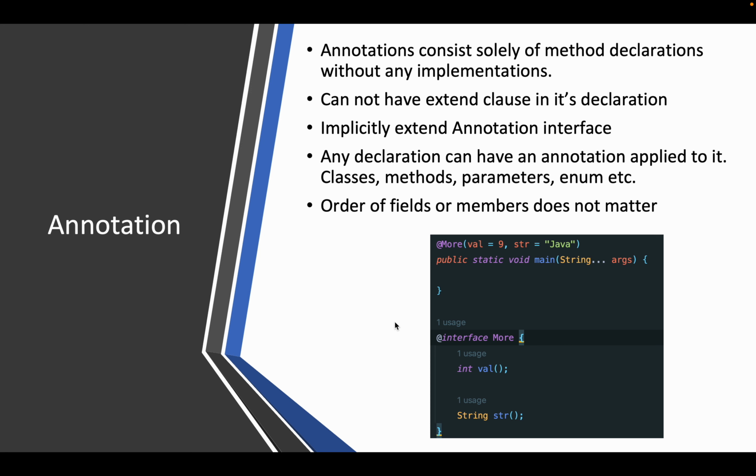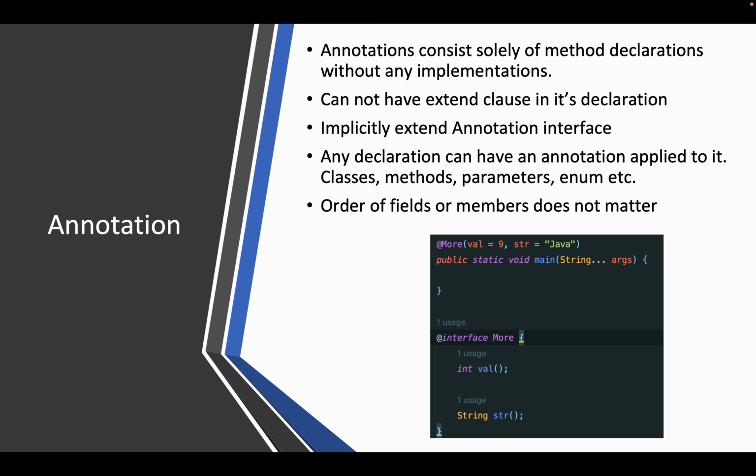Annotations consist solely of method declarations without any implementations, and they cannot extend anything. I mean, they do not have an extend clause in their declaration, as you can see on this diagram. When you say at interface More, you cannot have extend on it.